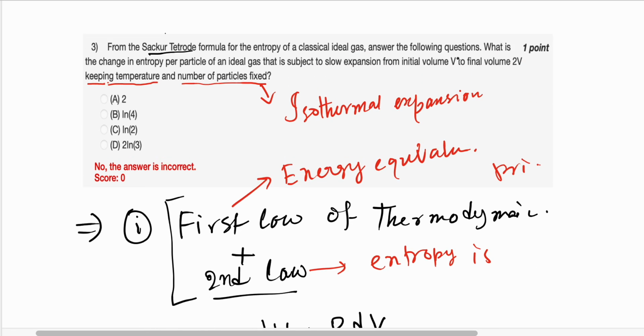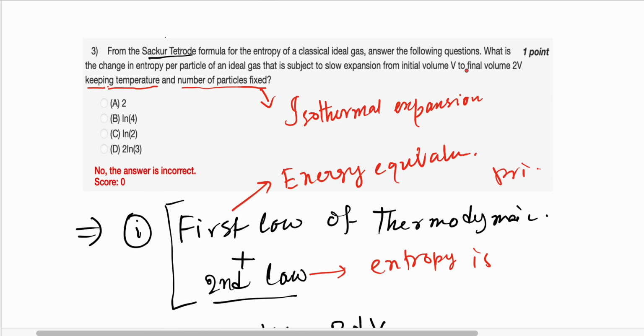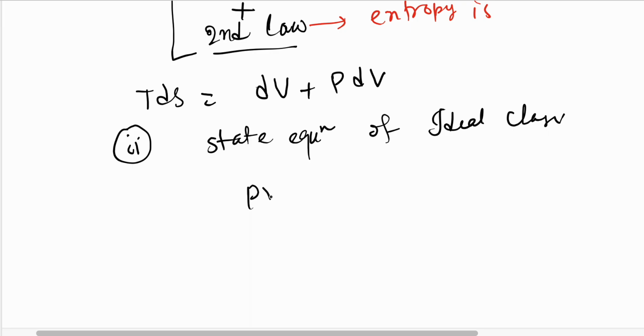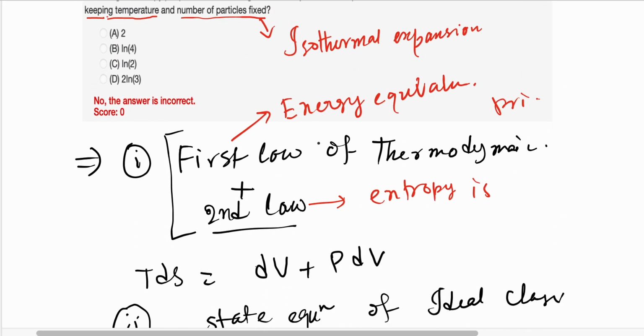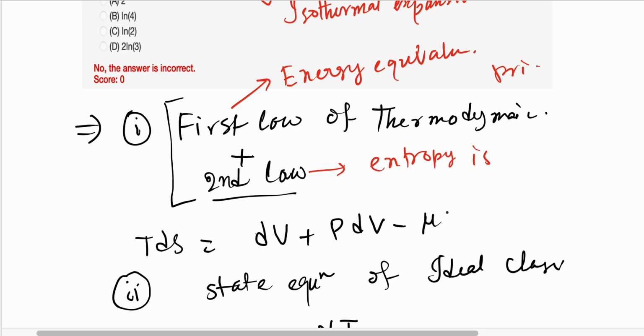Since you can notice that it is asked for a classical ideal gas, it is PV equal to NkT, where k is 1 here, so it's basically N into T. There is also one other thing, mu dN, where mu is the chemical potential.